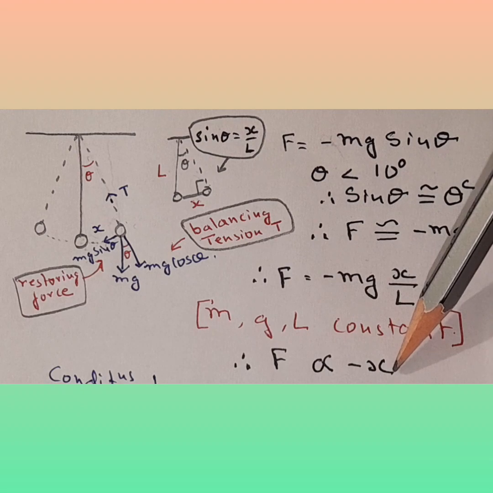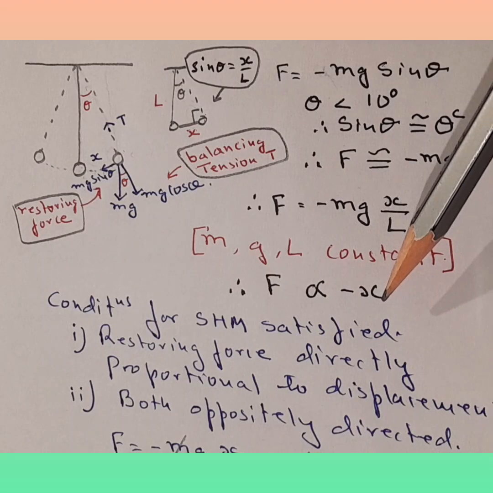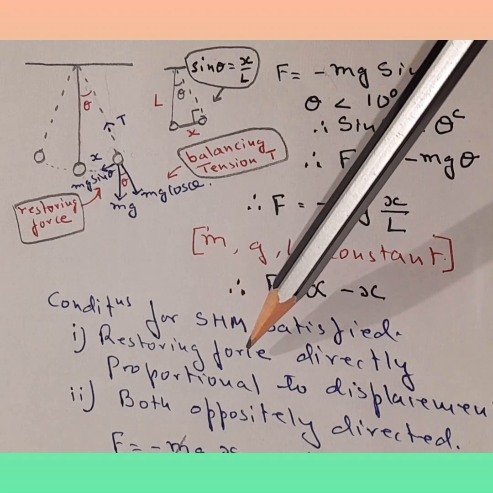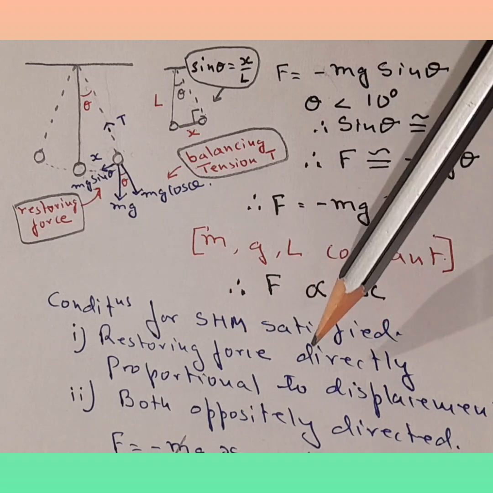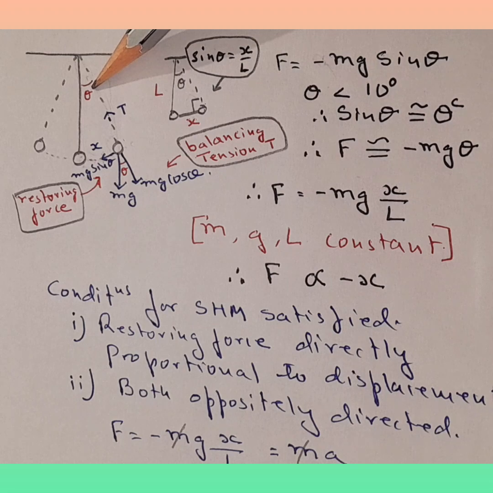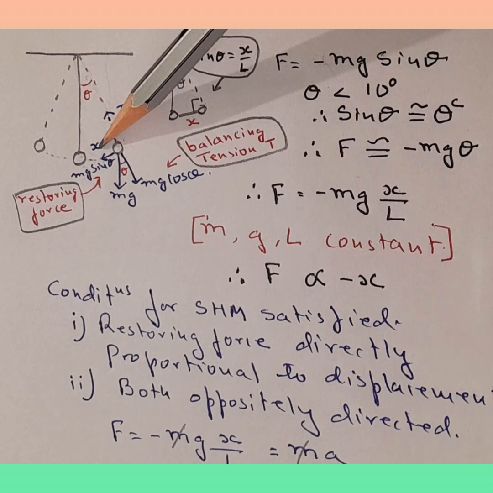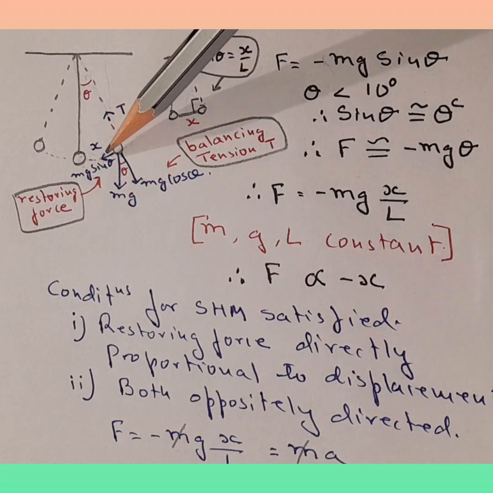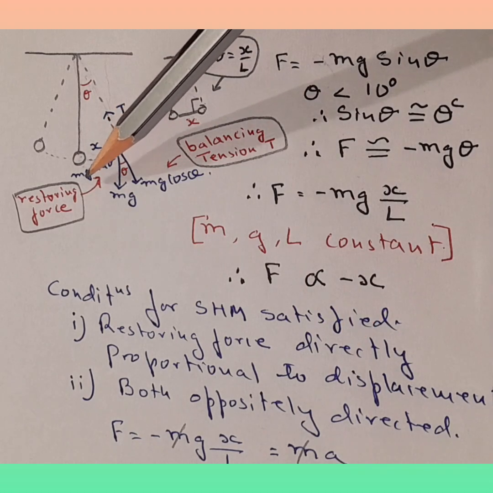Now we say F is directly proportional to minus x, so the conditions for SHM are satisfied. What do I mean by that? The first condition is that the restoring force should be directly proportional to displacement. If theta is more, x is more, so the restoring force also would be more. Restoring force is mg sin theta.